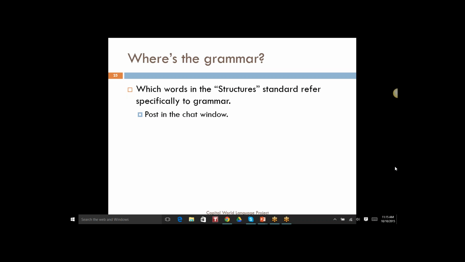All right, so we have Lisa. You noticed sentence level elements and the word syntax. Okay, any other? Syntax, yes, you're absolutely right. Syntax is the word that's cueing grammar. Anyone else?